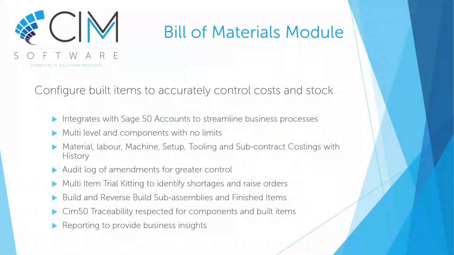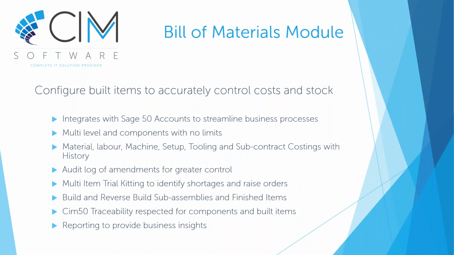If you manufacture an item and you've got traceable components, they will be taken into account when you build. The system will prompt you for the relevant batches, and as you put an item into stock, it will also prompt you for a batch number for the item, respecting those settings from the stock control module.